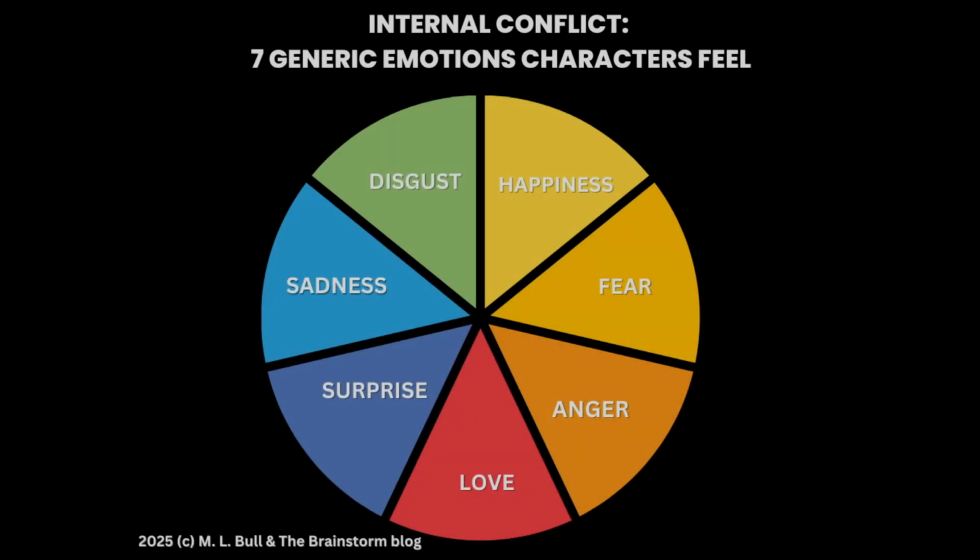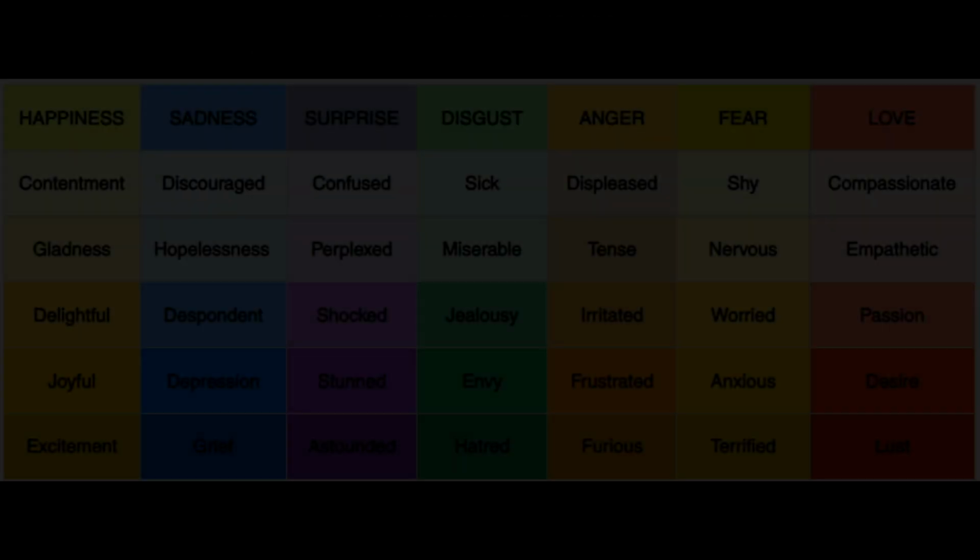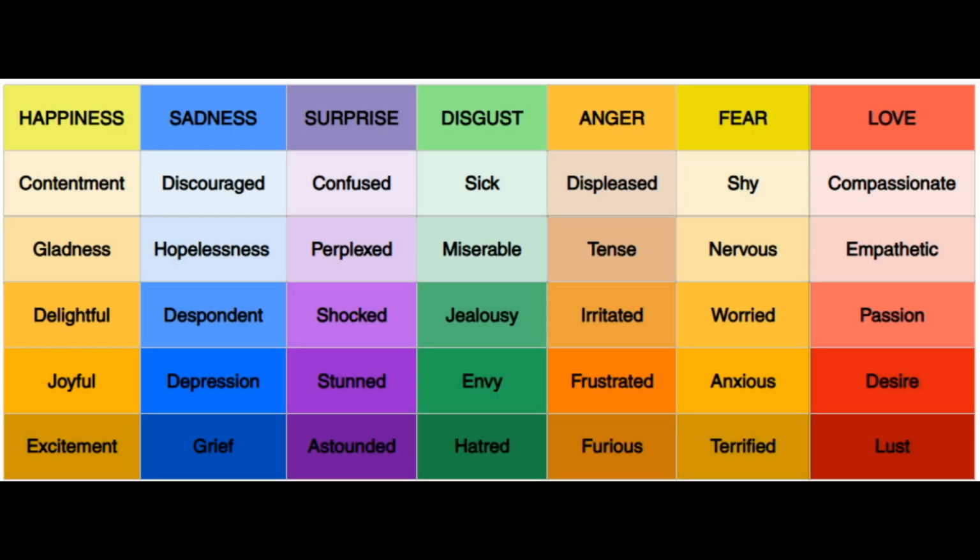Here is a chart that I've put together of 7 generic emotions that characters experience, which include happiness, sadness, surprise, disgust, anger, fear, and love. From those, writers can broaden these basic emotions to more complex emotions by increasing the emotional intensity, as this table here shows.